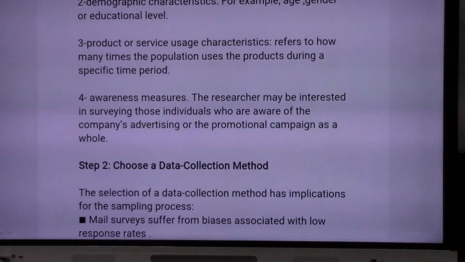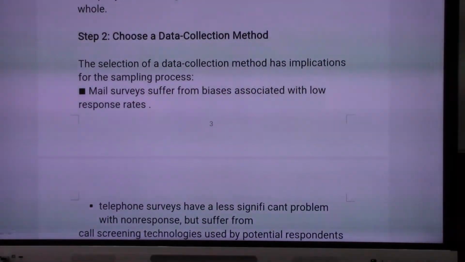The second step in the sampling process is choosing a data collection method. The selection of data collection method has implications for the sampling process.